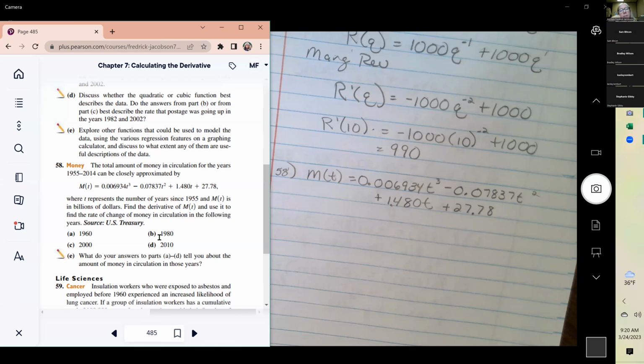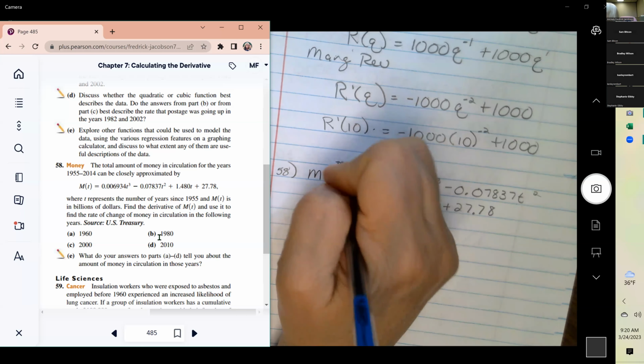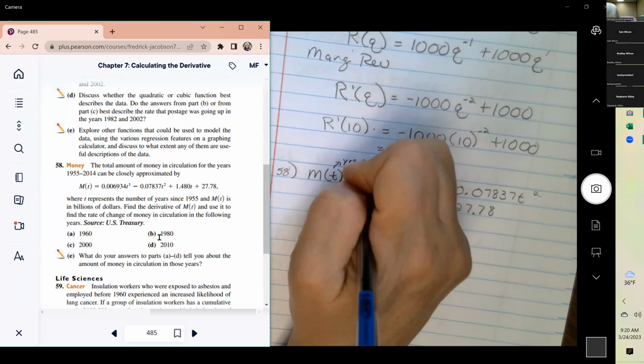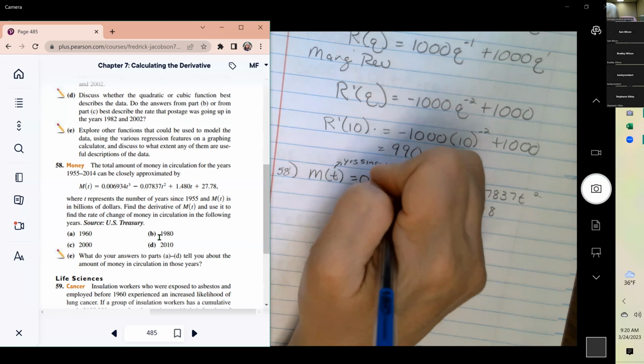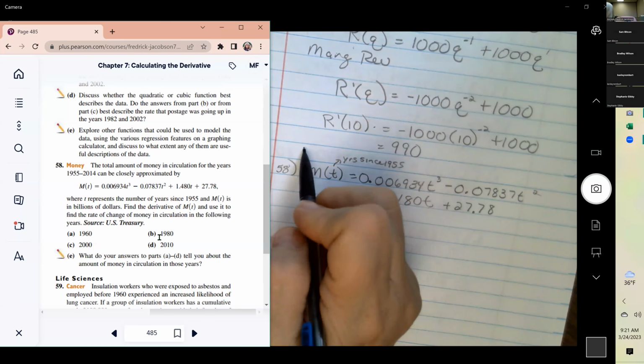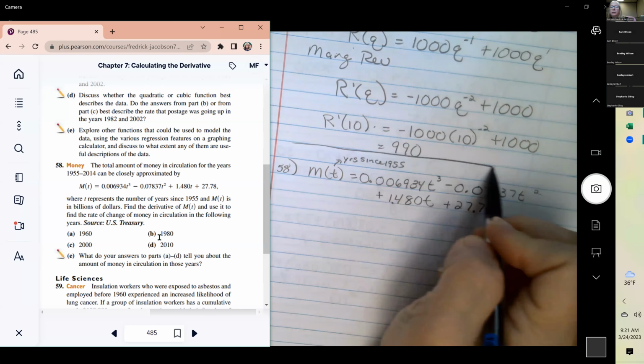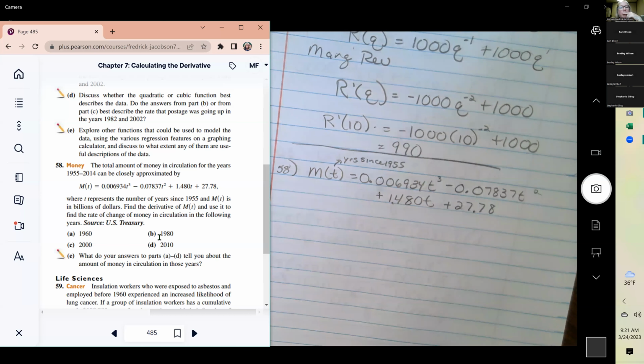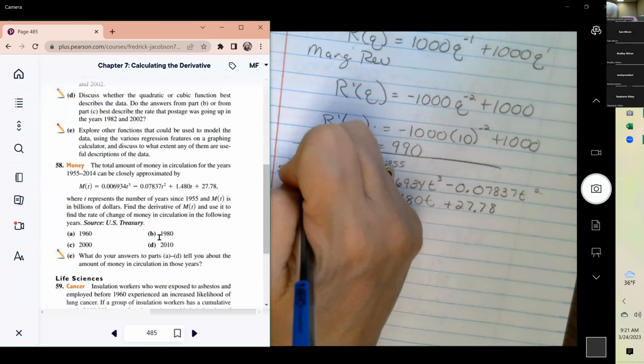T represents the number of years since 1955. M of T is the amount of money in circulation, in billions of dollars.